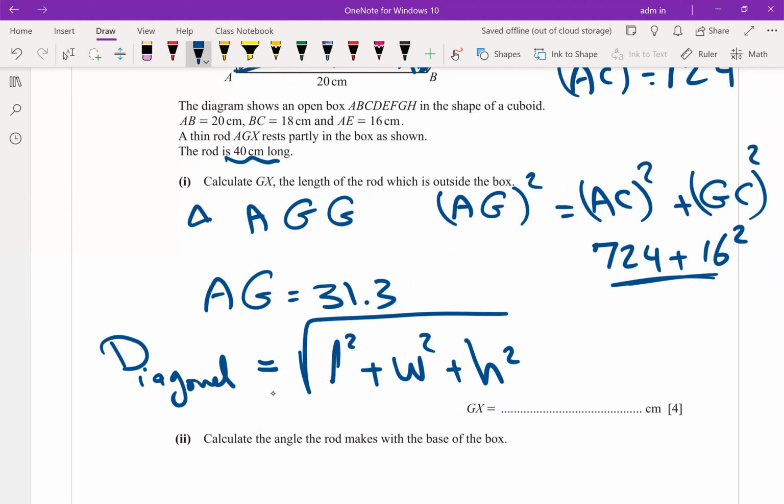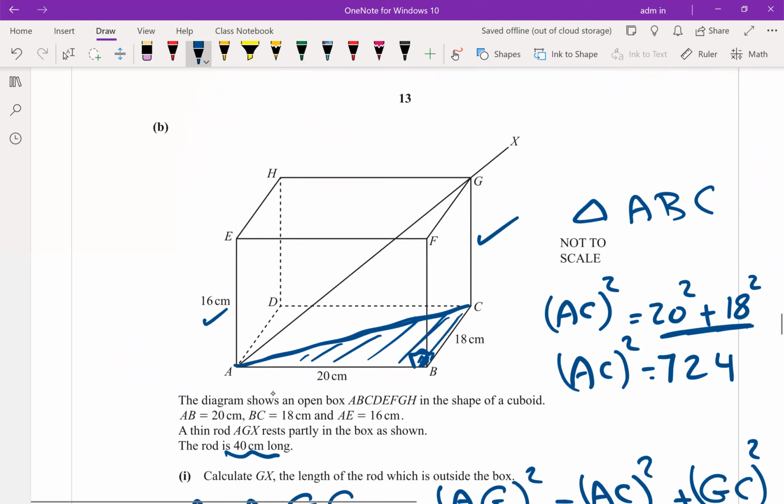Square root of length squared plus width squared plus height squared. Apply it, please. 20 squared plus 18 squared plus 16 squared. Is it the same answer, 31.3? Yes. Then he asked to get what? GX.